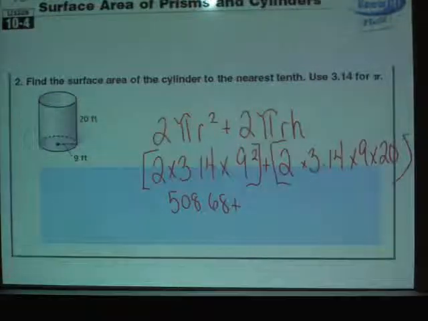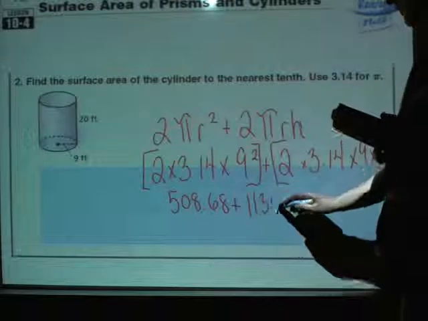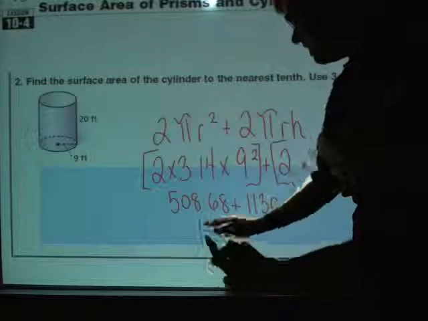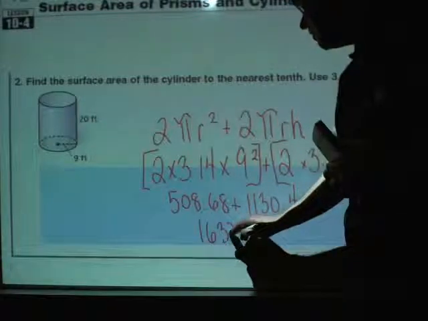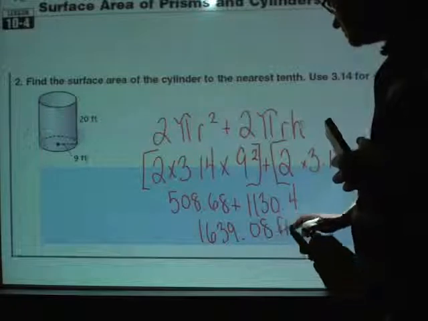Over here, I've got 2 times 3.14 times 9 times 20, which is going to be 1130.4. I'm going to add those guys together. 1130.4 plus 508.68 is going to change into 1639.08, which is great because that's my surface area, and that's going to be in feet squared.